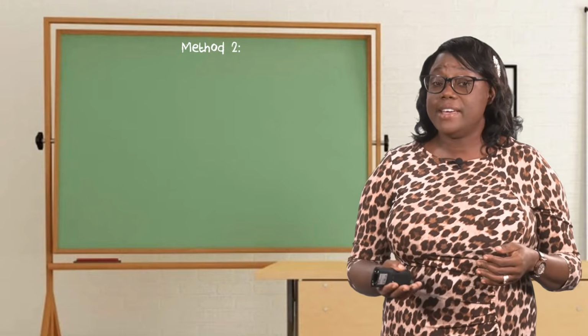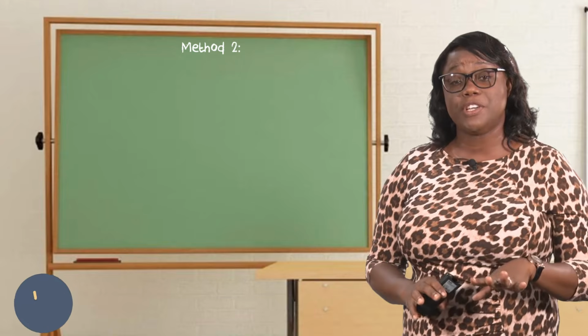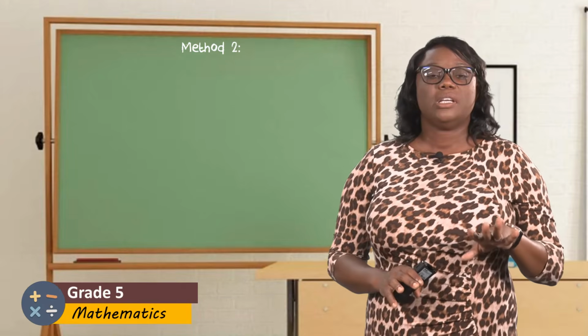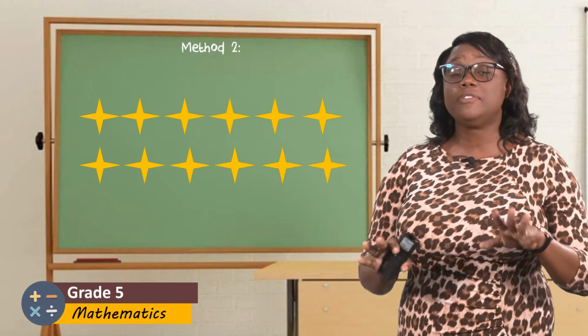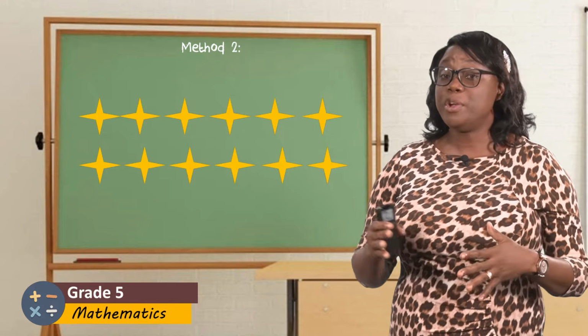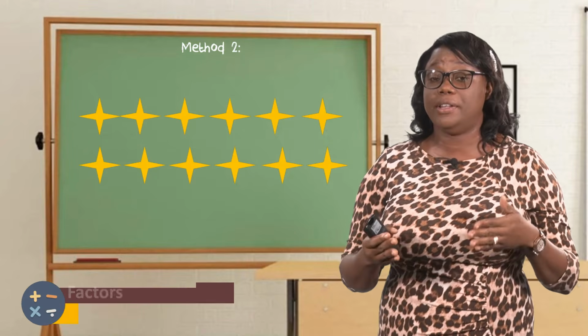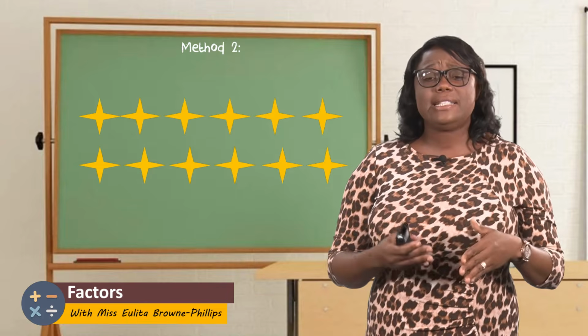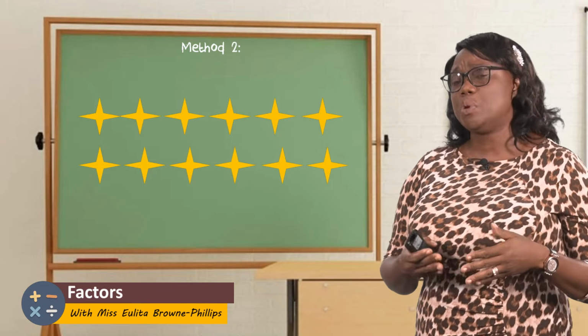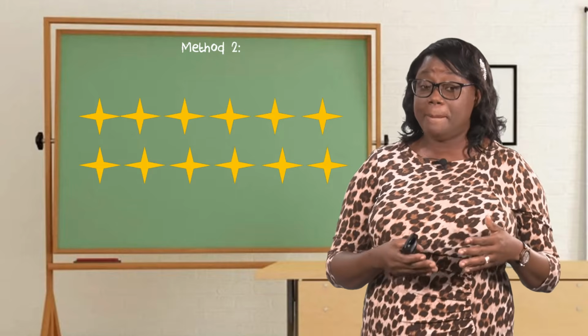Now this method uses division. So we have 12 stars. When we group things, we are dividing. Let's see how many numbers 12 can be divided by.